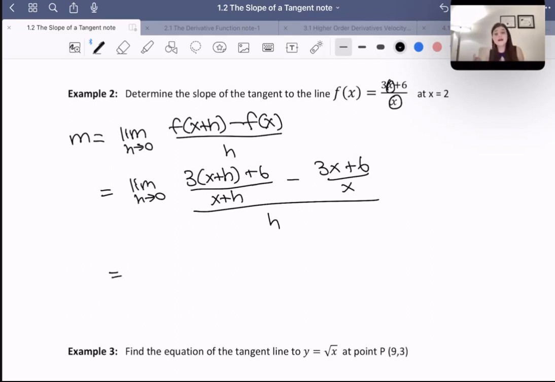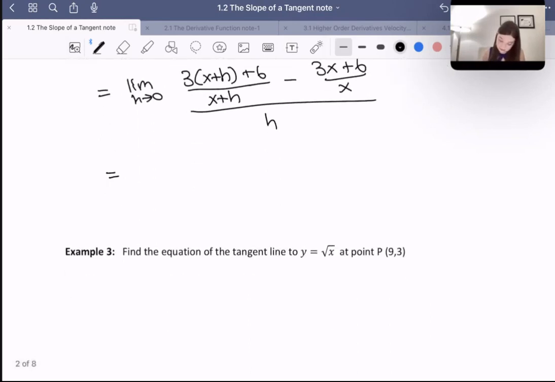Now I need to, in some way, simplify this subtraction that we have on the top of our fraction. And how do we subtract fractions, or add fractions for that matter? We need to make sure that the denominators are the same. And going back to like grade 3 math, how can we get the denominators to be the same? We multiply by 1 to make the denominators the same.